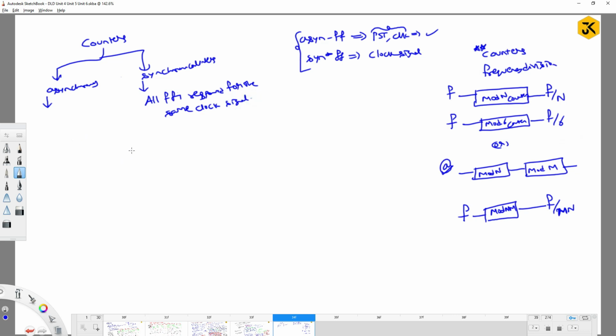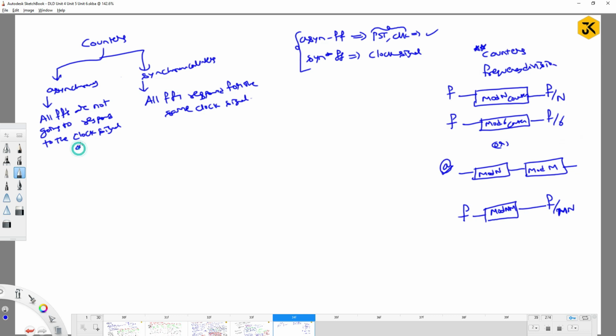Whereas coming to asynchronous counters, just opposite to this one, if all the flip-flops do not respond to the same clock signal, I can call it an asynchronous counter.